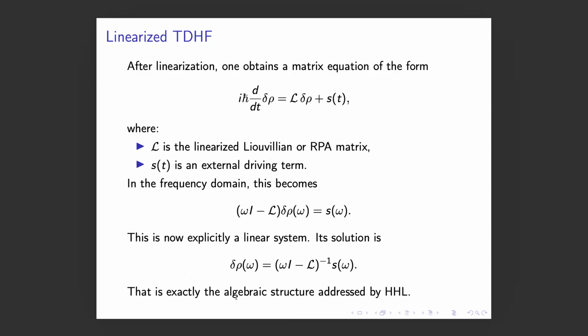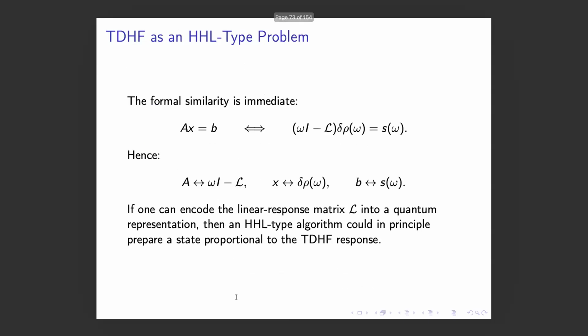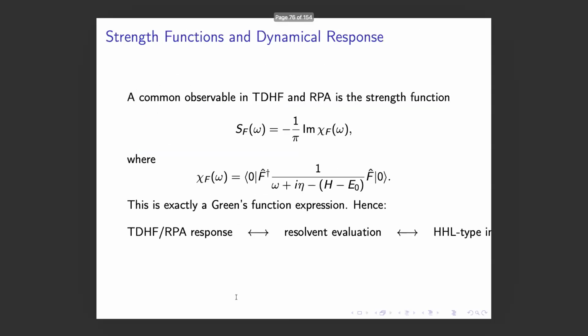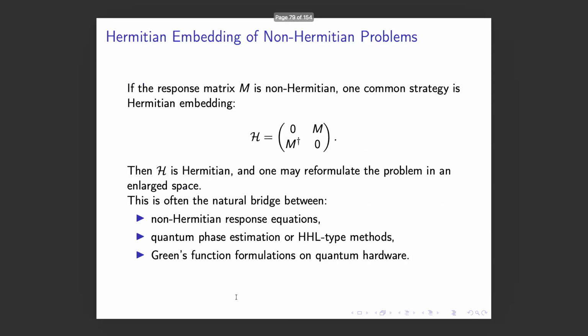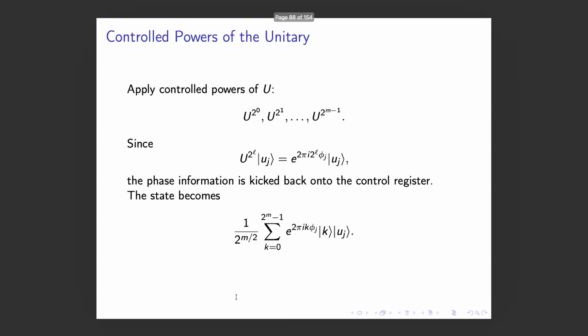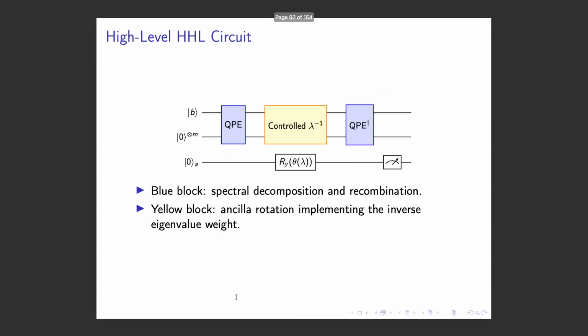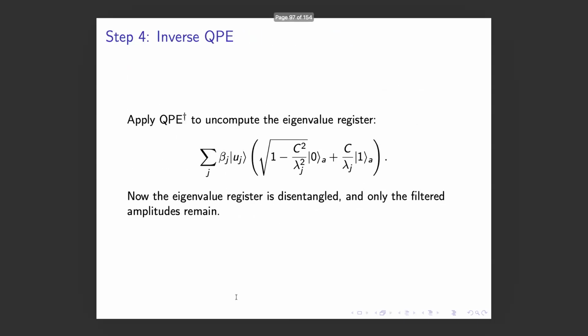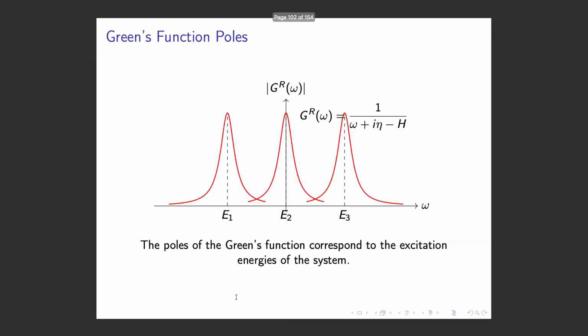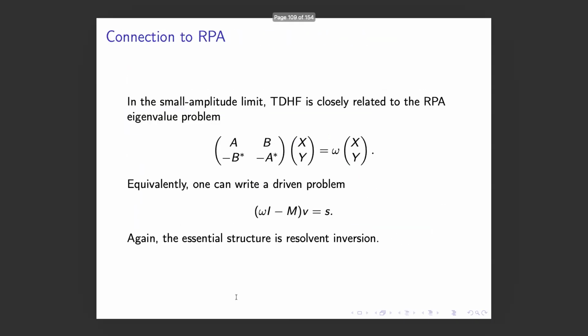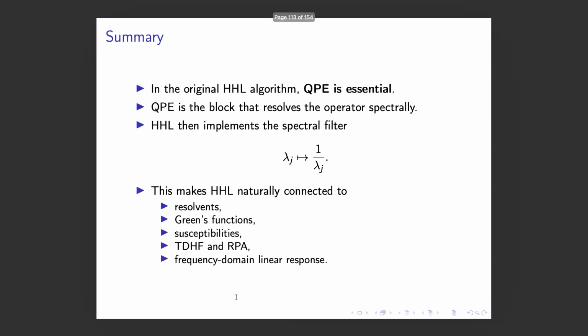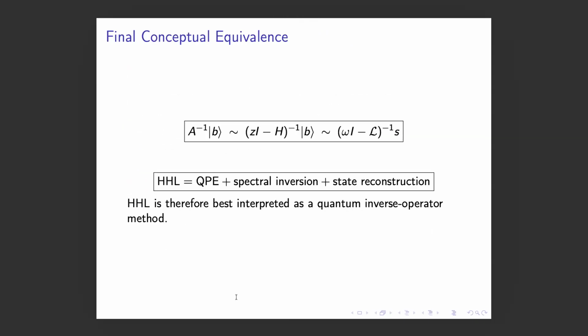And in the lecture notes, you have a lot of links where you can set up time-dependent Hartree-Fock theory as a kind of HHL type problem. I'm going to skip some of this because it links with many-body physics and it's not so important.